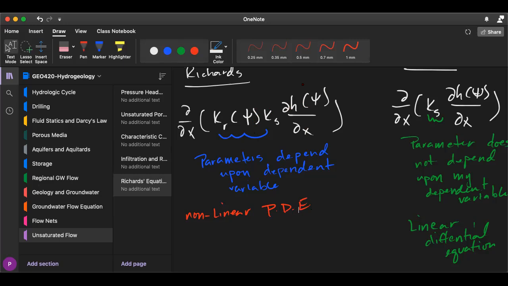while Richards equation is super elegant and gives us a single equation that would be able to describe groundwater flow in all systems, unsaturated and saturated, because of this nonlinearity, it becomes really hard to solve. Without a computer, basically impossible. There's a few solutions.